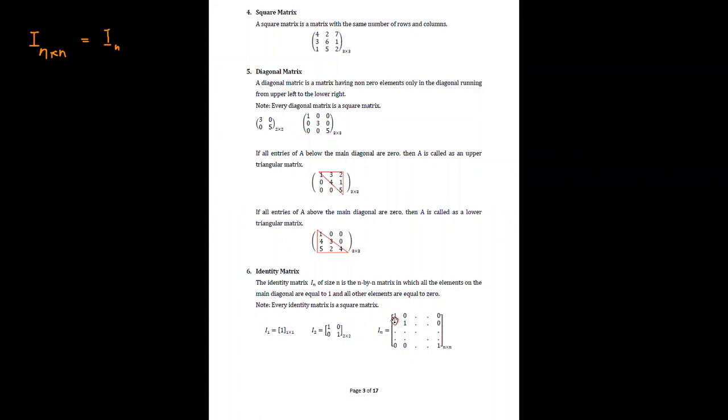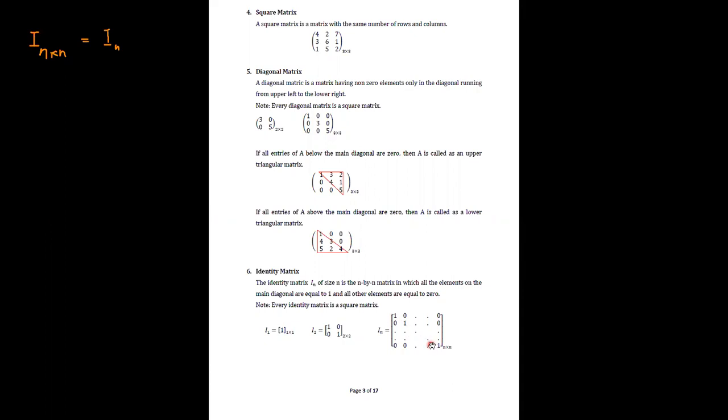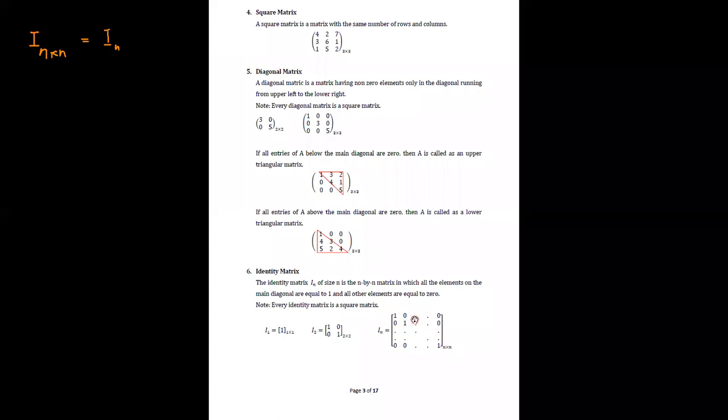If you run from the upper left to the bottom right, all the elements on the main diagonal are ones and all other elements are zeros. If you see a matrix in this form, we say such a matrix is an identity matrix.